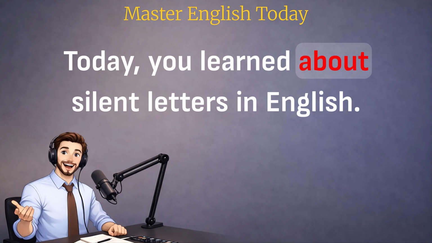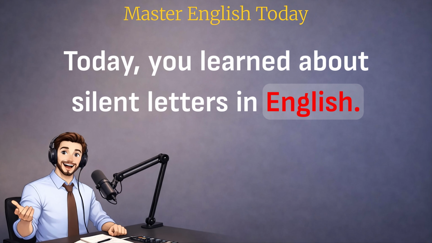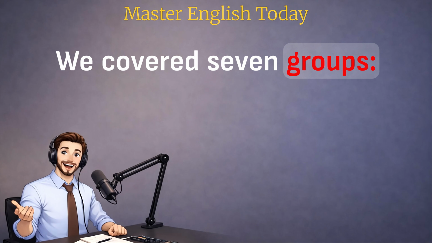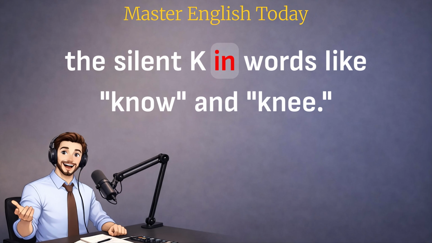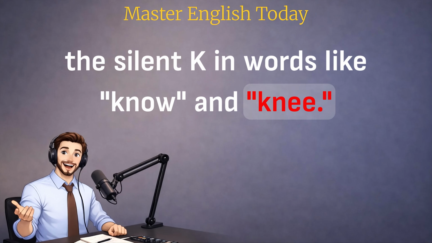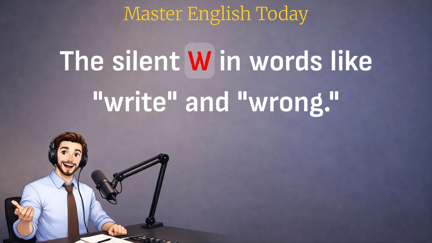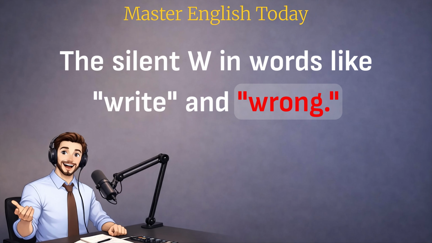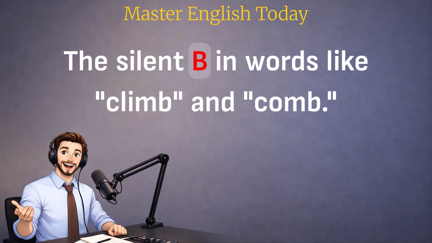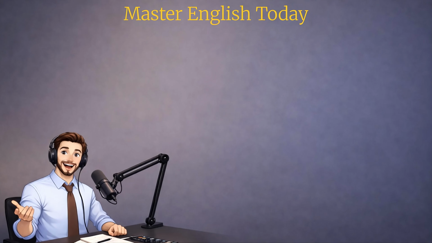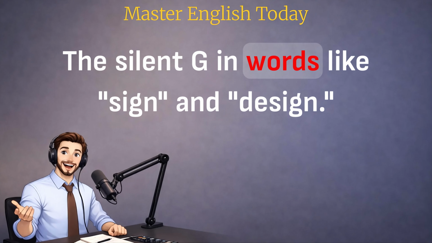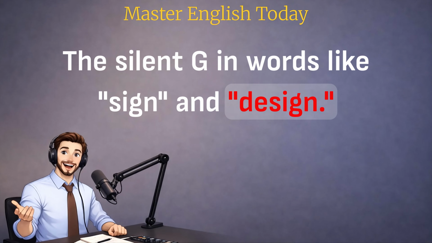Today you learned about silent letters in English. We covered 7 groups. The silent K in words like no and knee. The silent W in words like right and wrong. The silent B in words like climb and comb. The silent G in words like sign and design.